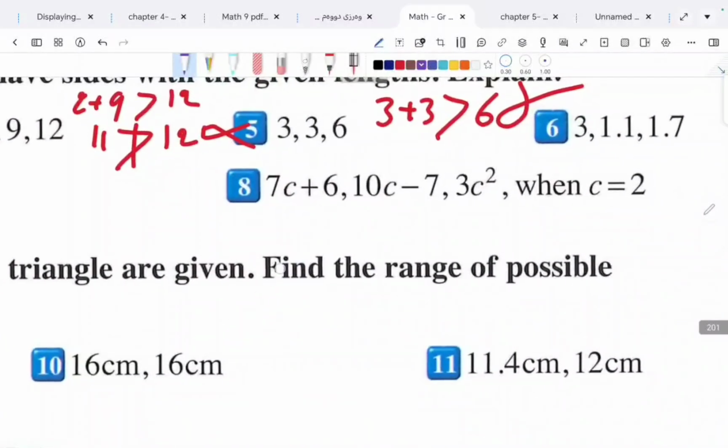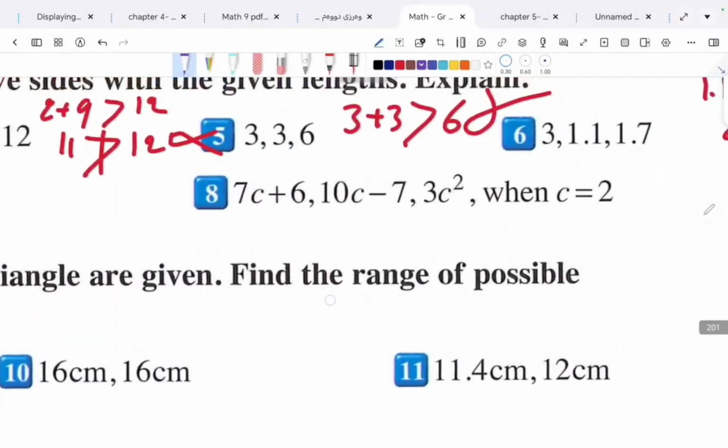Question 8, you have what? 7c. c equals 2, so 7 times 2 equals 14 plus 6. So 14 plus 6 equals 20. Then 10 times 2 minus 7 equals 13.